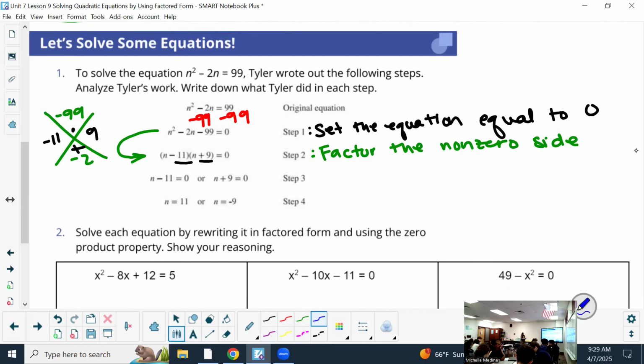Now look at the difference from this line to the next line. How would you put in words what he did? Or tell me in your own words, what's the difference? What changed?